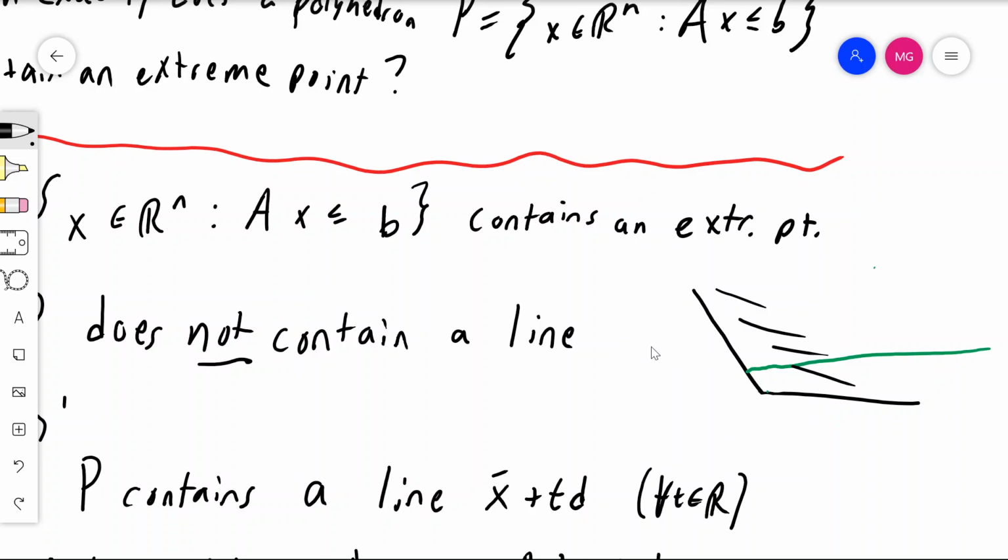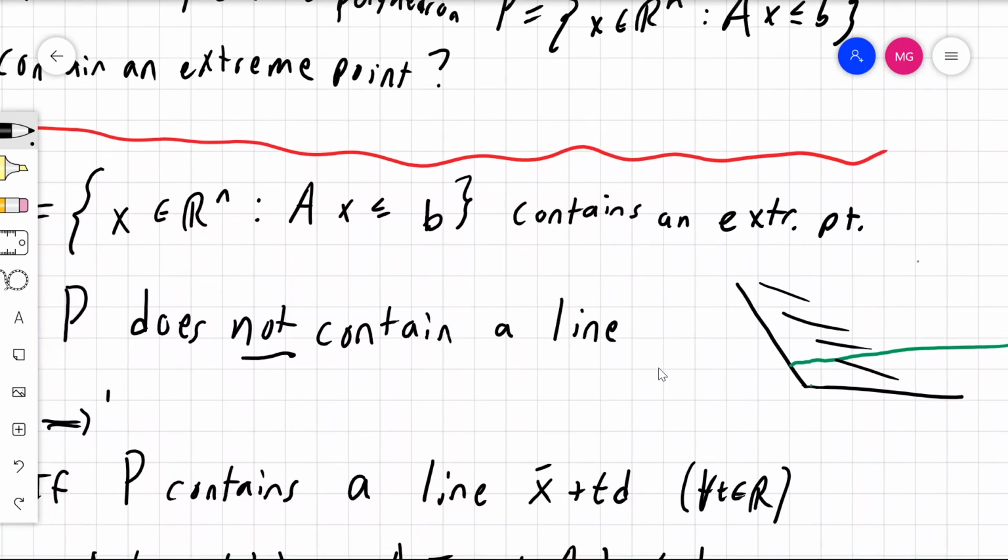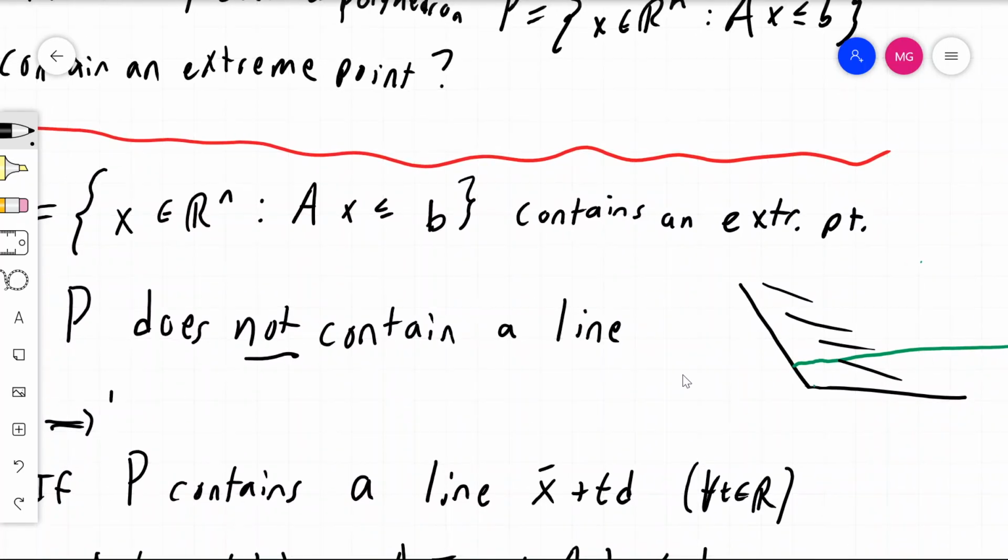The black boundary would, instead of being two distinct segments, be one straight segment going infinitely, and then we could have a line parallel to that contained in the polyhedron. But since we flattened out the boundary, it no longer has any extreme points. So as soon as you get a line, you lose the extreme point. That's the rough intuition for why only one or the other can exist.